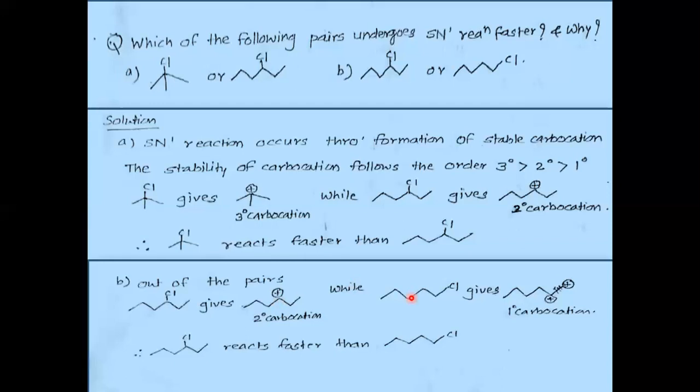While the second compound, CH3CH2CH2CH2CH2Cl, when this Cl leaves, the positive ion formation takes place and it is primary, because this carbocation is directly bonded to only one carbon. So this is a primary carbocation. Therefore, this compound reacts faster than this compound.